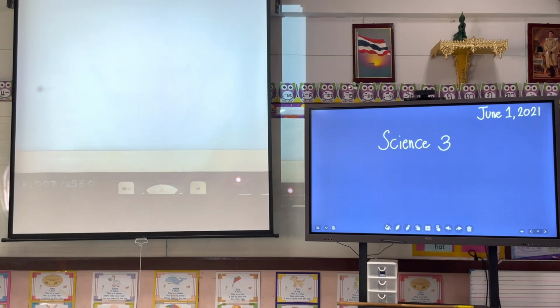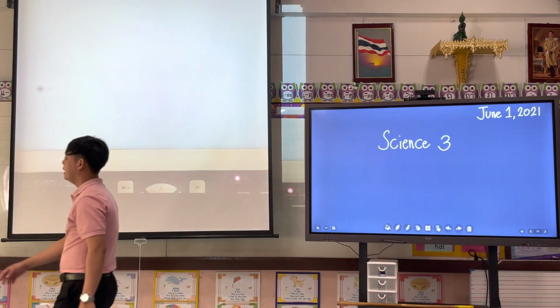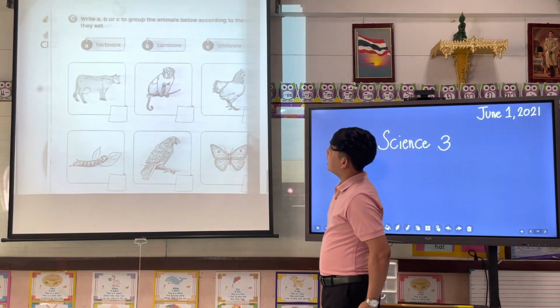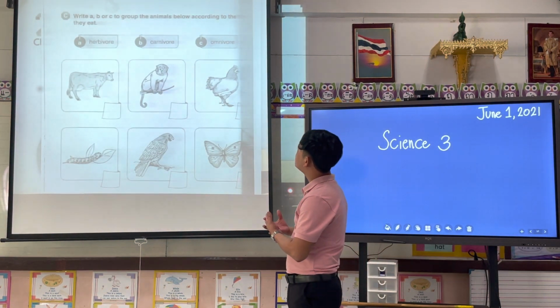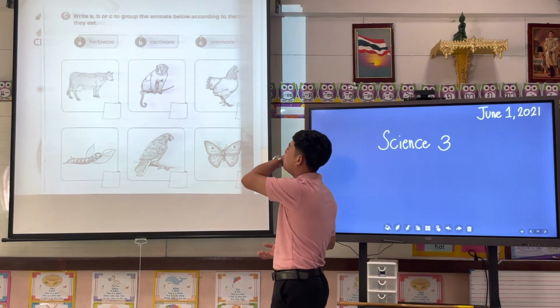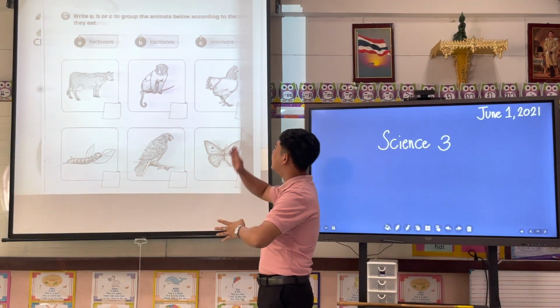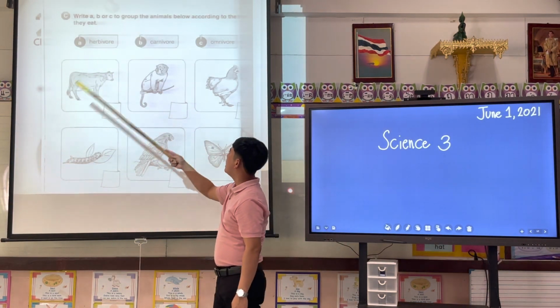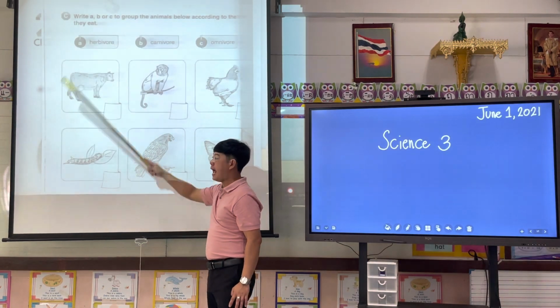I have 2 homework. Page 5 and 6. Write A, B, C to group the animals below according to what they eat. We need to write only a letter. A means herbivore, animals that eat plants.